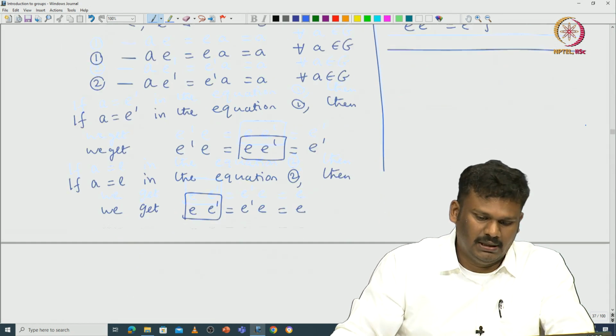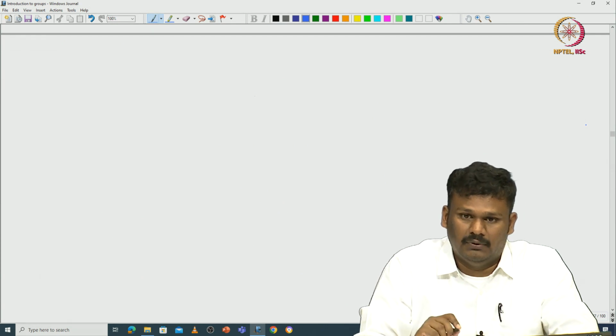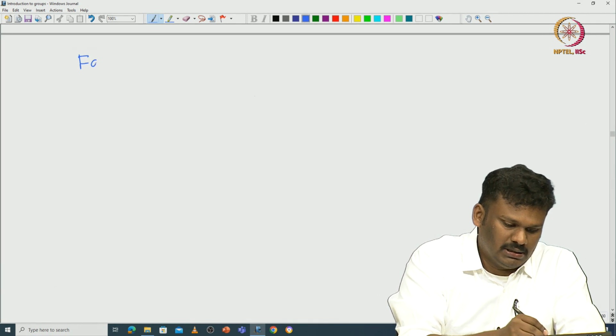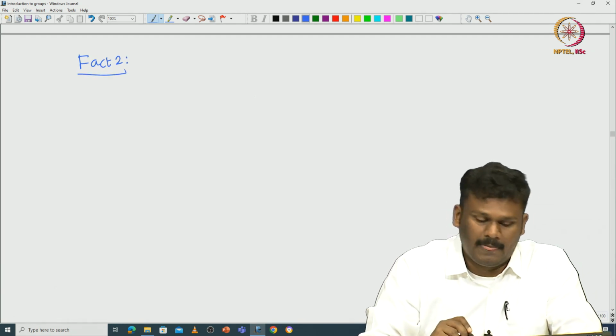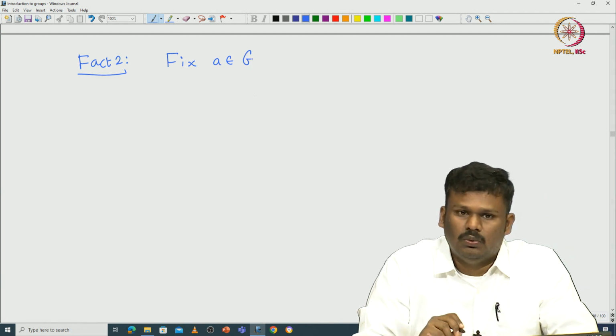Okay. So similarly one can prove that the inverse of any element must be unique. So I will again prove this. This is the abstraction that you start appreciating. Okay. So you start with an element A in G. So what do we want to say?